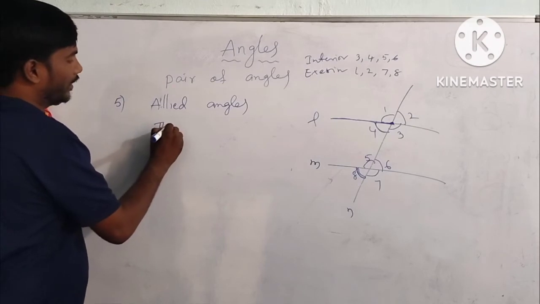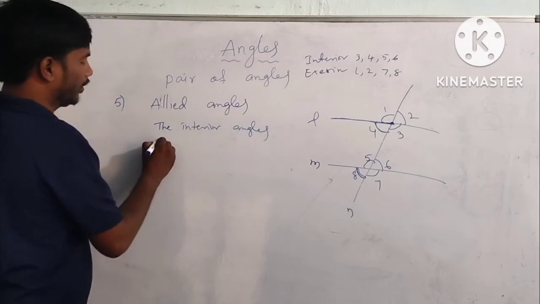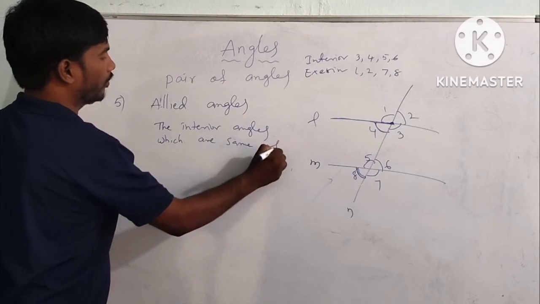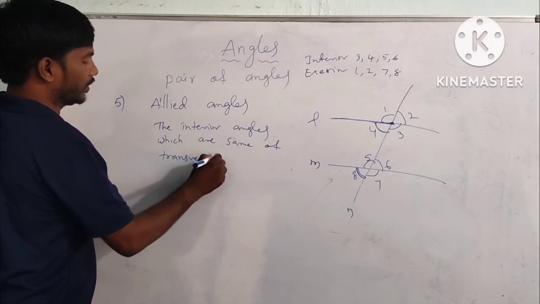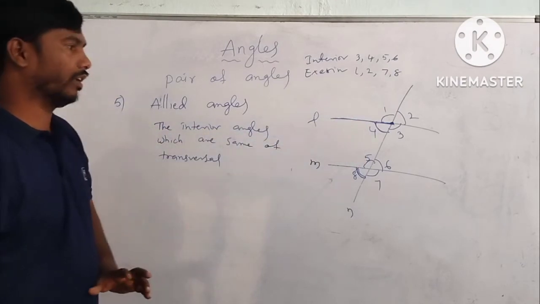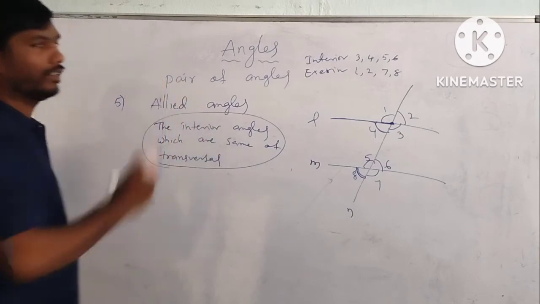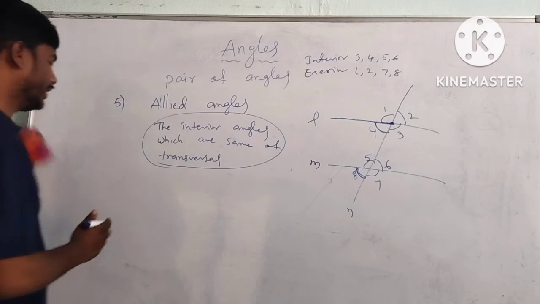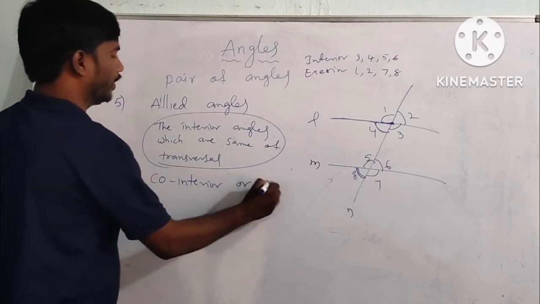The interior angles which are on the same side of the transversal are called allied angles.